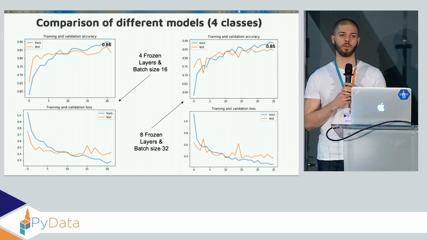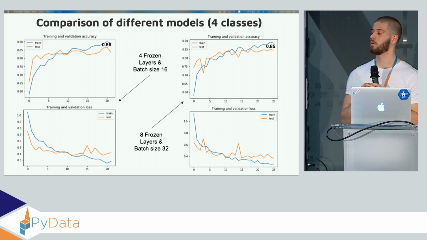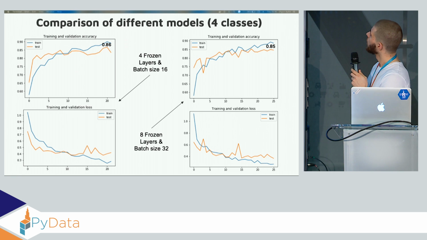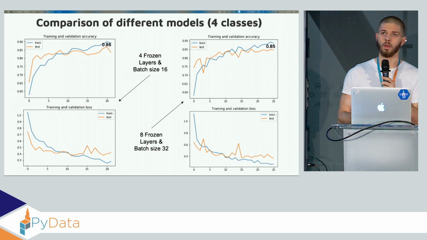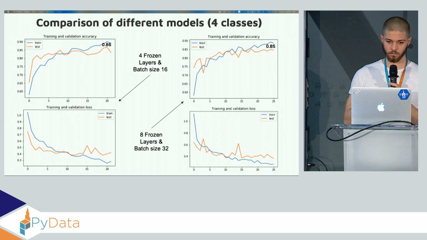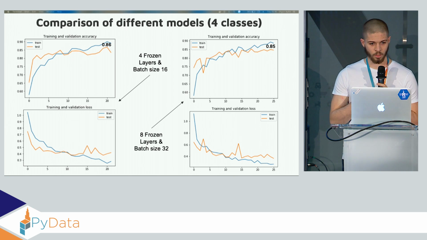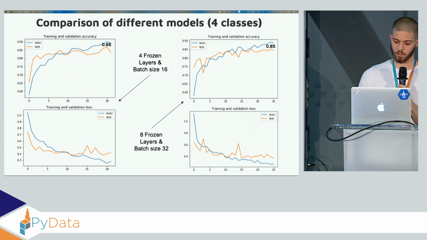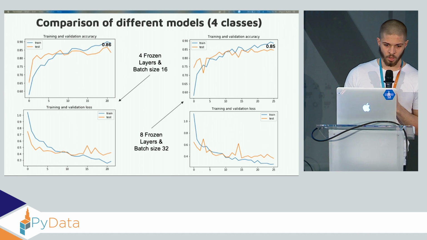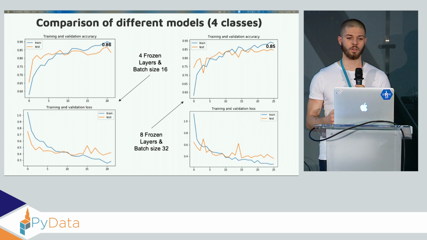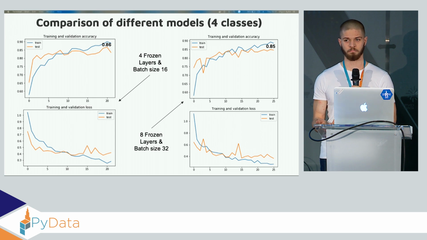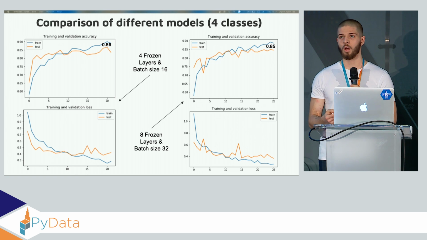So as we said, we tried two different approaches. Here you can see models that were trained on 4 classes. A couple of similarities: in the initial stages, the validation accuracy was much higher than the train one, for some reason.